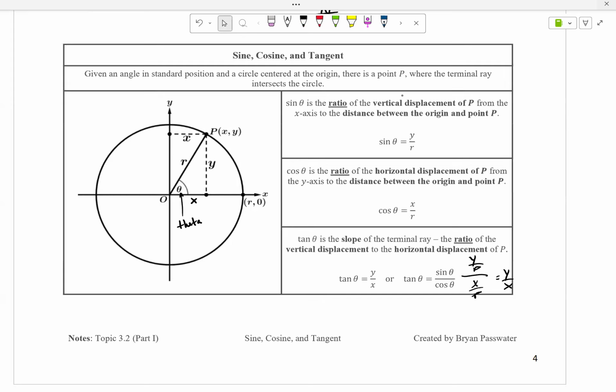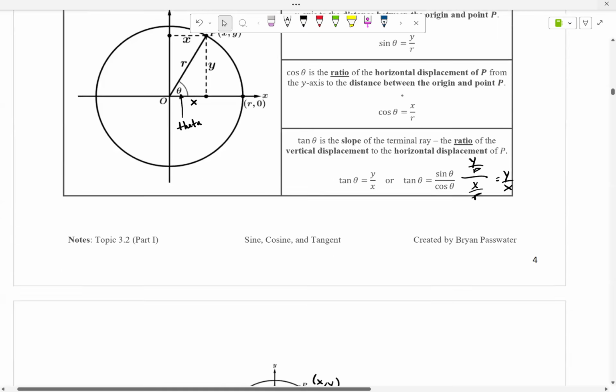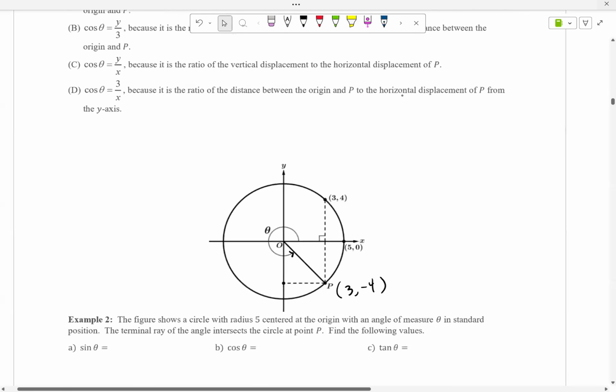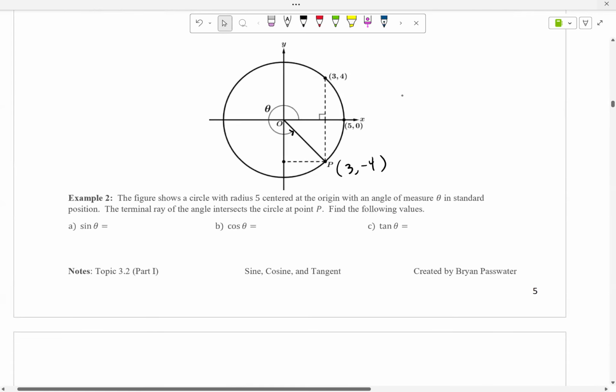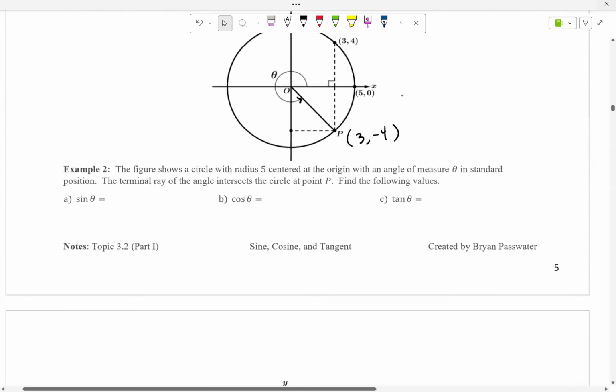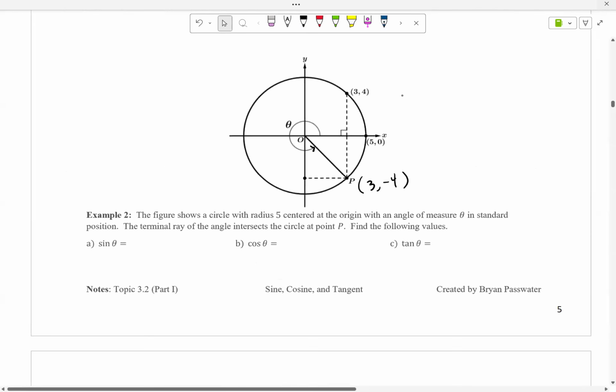Does that resonate with what you've done? Anytime you're taking sine, cosine, tangent, it's always been of an acute angle. Now we can take it of any angle. So we're going to be doing some abstraction of angles out here. Like in this case, it is an angle that is technically between 270 and 360 degrees. So let's see if you can figure out the sine, cosine, and tangent of that big angle.